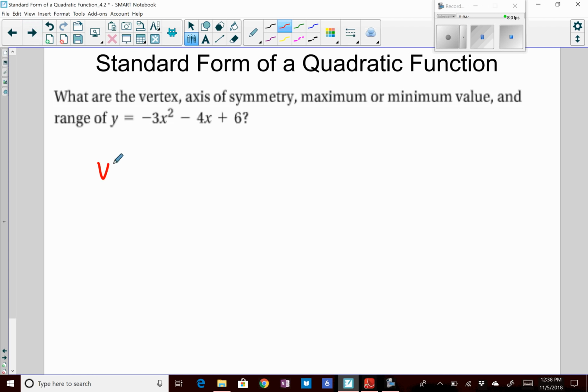So let's get this set up. We'll even include the domain, and they're asking specifically for the range. All right, so same thing. What we need to do is to key this into the calculator.